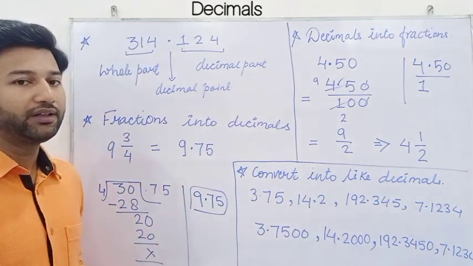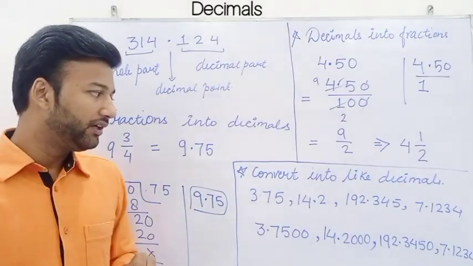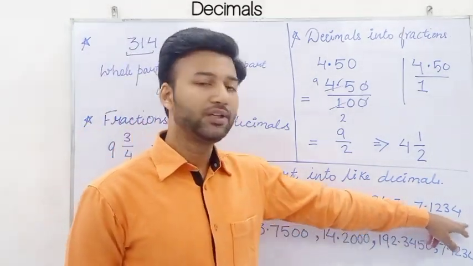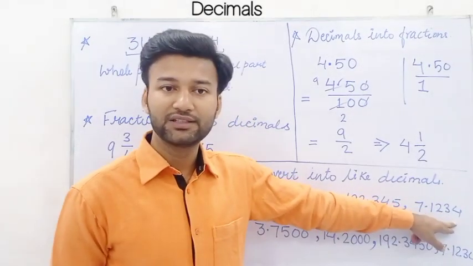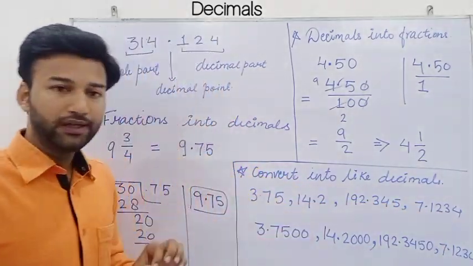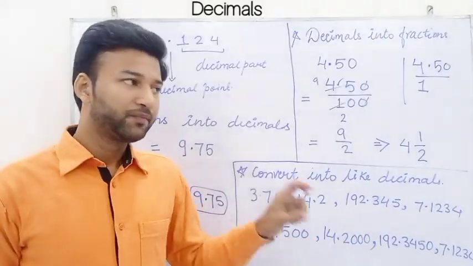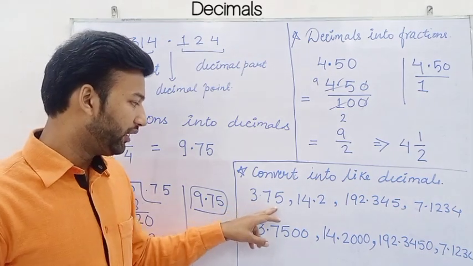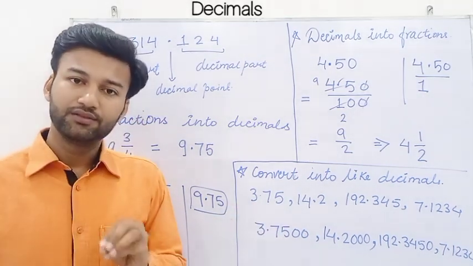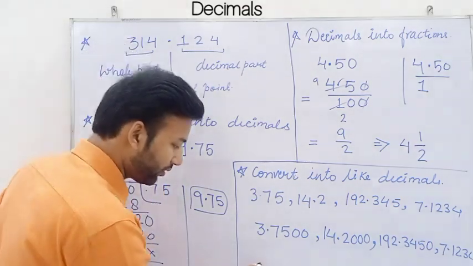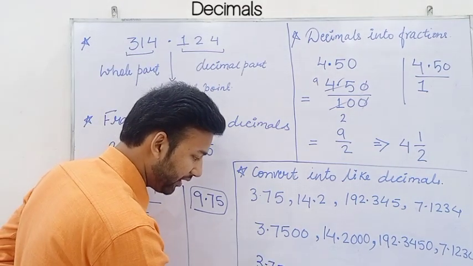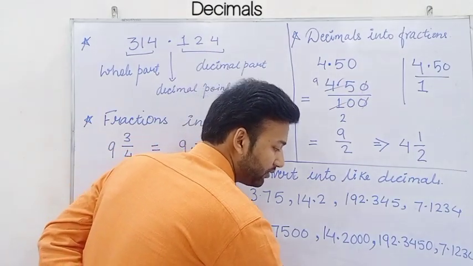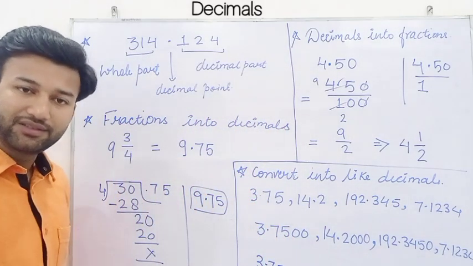Now how to convert into like decimals? First we will find the maximum number of digits in the decimal parts. See, this is 7.1234. Here four digits are there, the maximum. So we will convert all decimal parts into four digits. So for 3.75 we will add zeros. And remember one more thing, after 75 we can add as many zeros as we want, but the value remains the same.